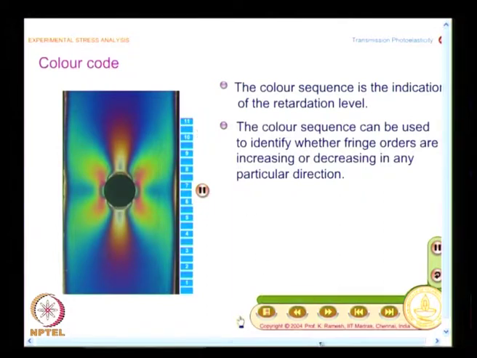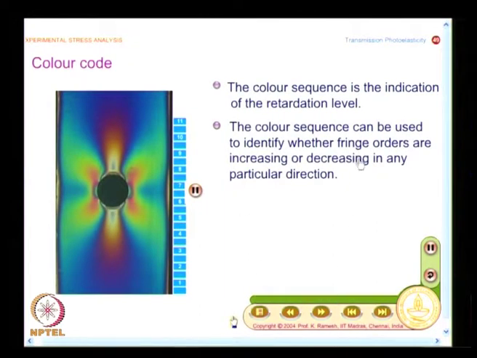So, the color sequence is the indication of the retardation level. So, if I know the color sequence, I can identify the gradient, whether it is increasing or decreasing in any particular direction.